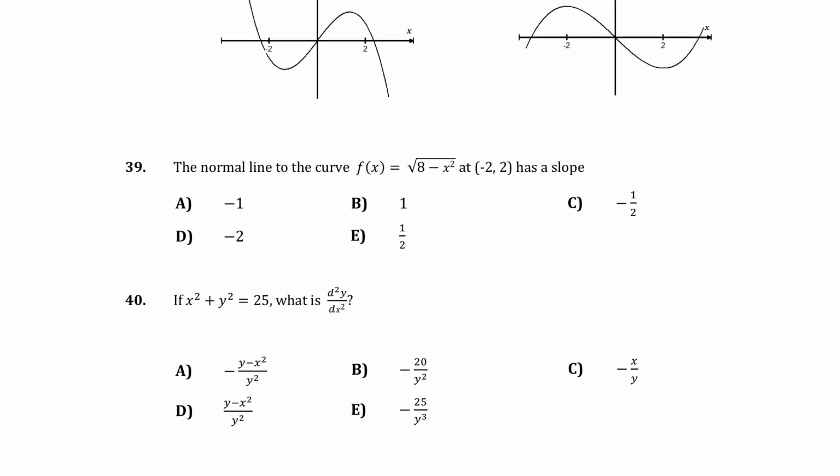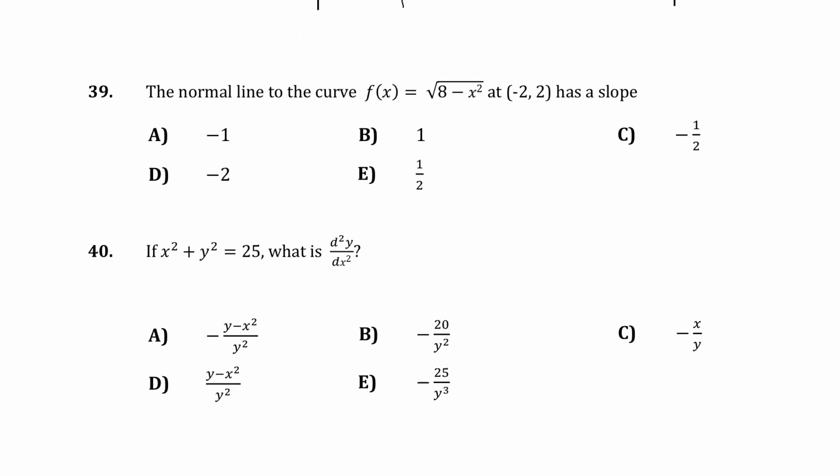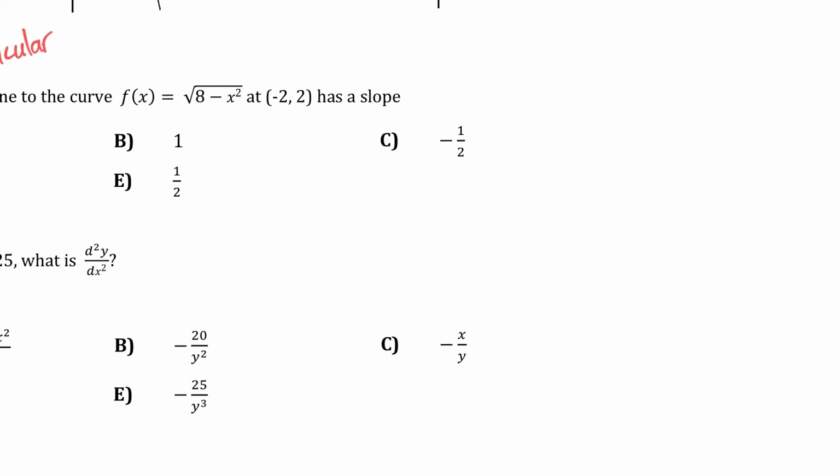Number 39. The normal line to the curve of this f of x has a slope of what? Well, the normal is going to be perpendicular, right? So we're talking about slope right now, so let's find the derivative.